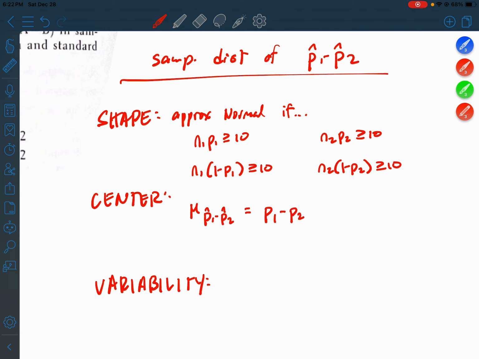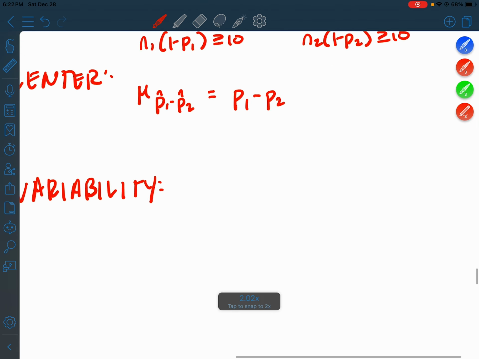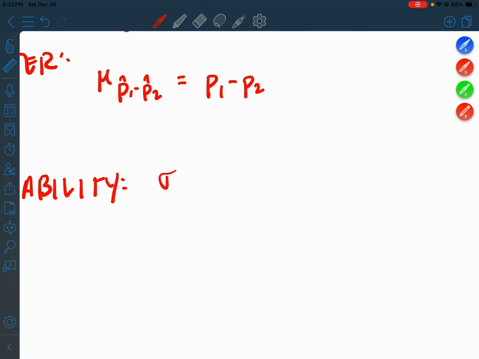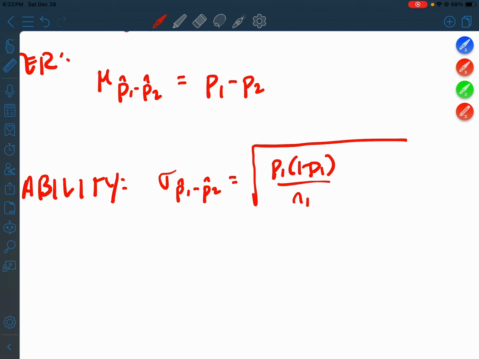In other words, the estimates will center around the true value. The variability, which we measure with the standard deviation, sigma p hat 1 minus p hat 2, is equal to the square root of p1 times 1 minus p1 over n1 plus p2 times 1 minus p2 over n2.